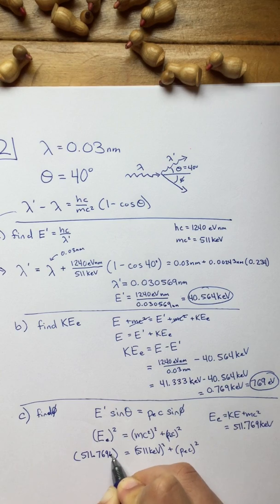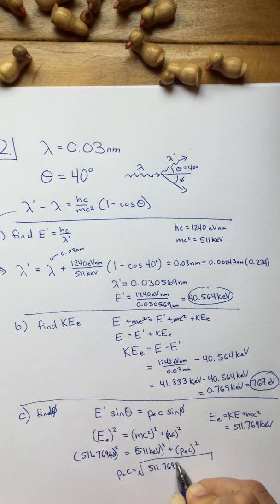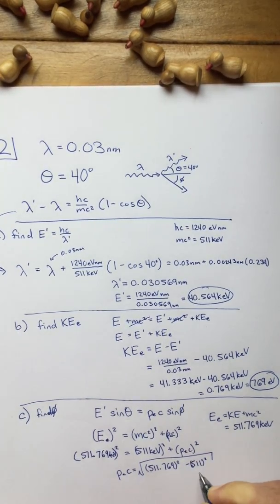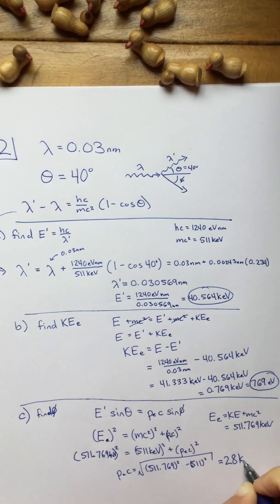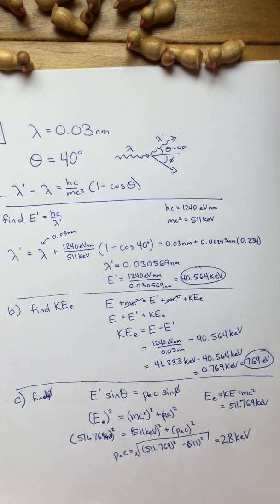So the momentum would be the square root of 511.769 squared minus 511 squared, and that gives us 28 kilo electron volts for the momentum of the electron after the collision.